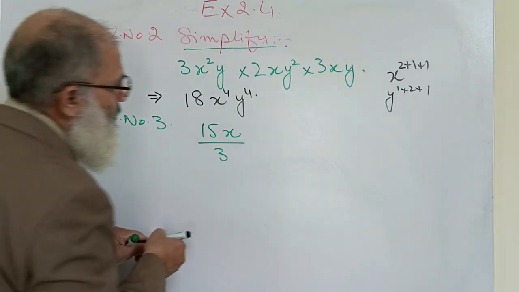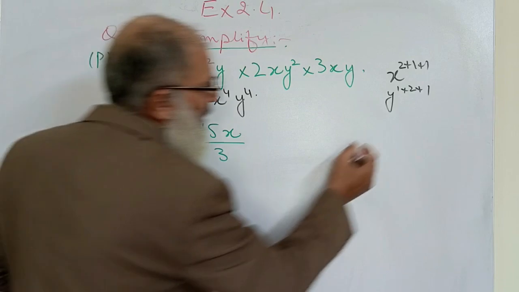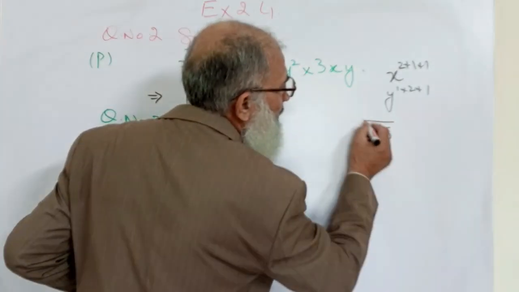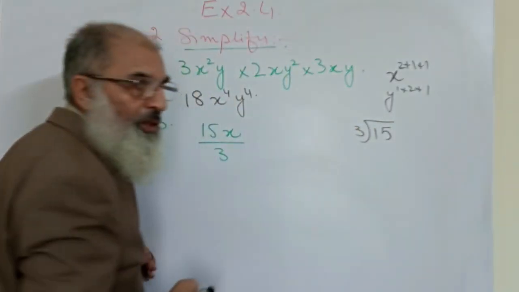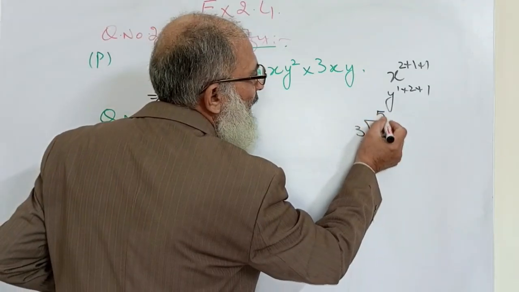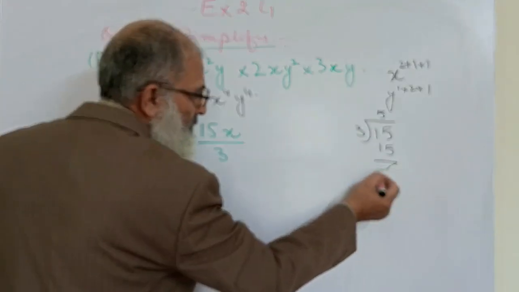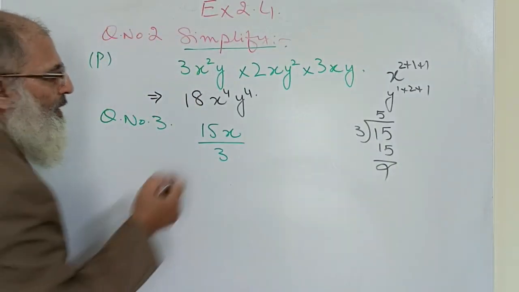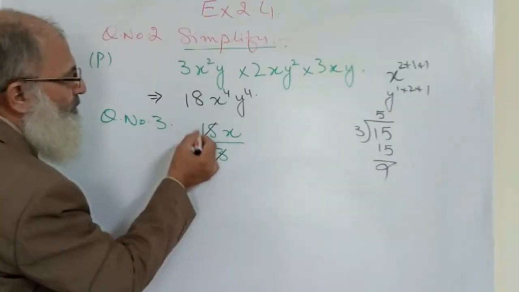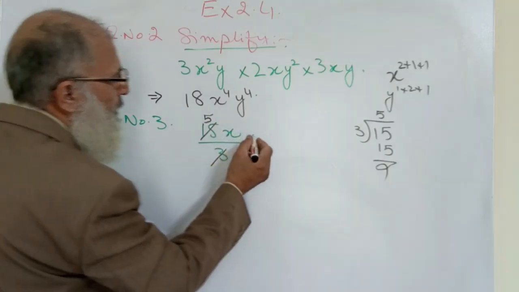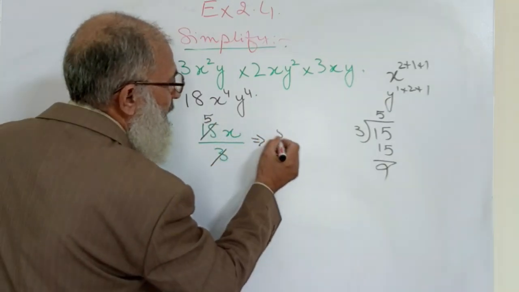Now you see that if I divide 15 with 3, what will happen? It will be like this to complete. Now in simple form, what will we do? Here we will do it like this.